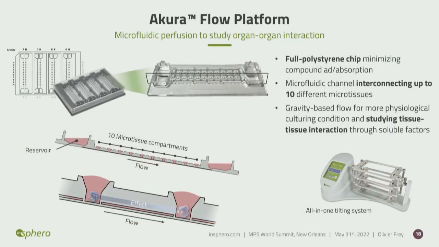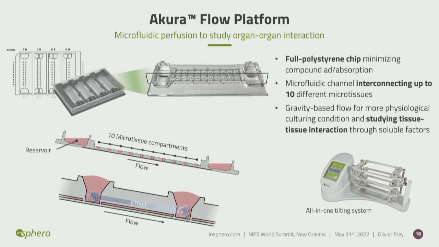And the platform that we have created is a microfluidic chip that is in the composition quite simple. So it has these 10 microtissue compartments that are interconnected by a linear channel. We have these 2 larger reservoirs on each side, and by tilting this platform back and forth, we can create the flow between the different tissue models.